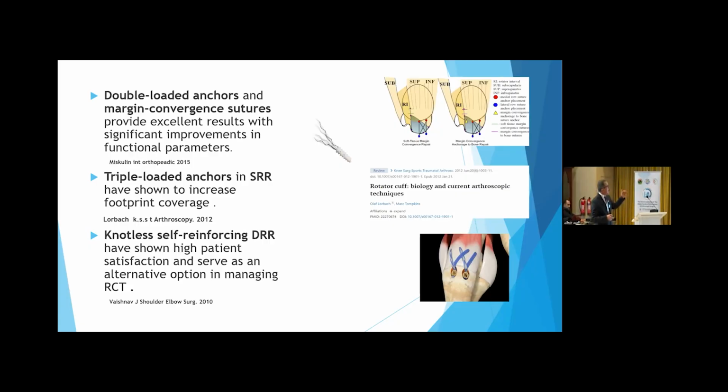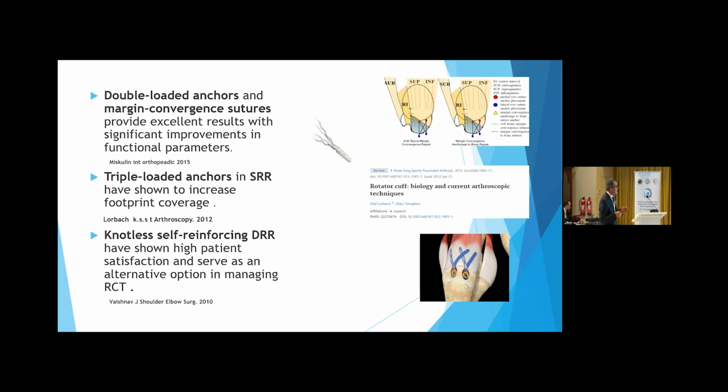Double loaded anchors with convergent suture margin provide excellent results with significant improvement in functional parameters. Using a treble loaded anchor in the single row increases the footprint coverage, which is very important when you treat the rotator cuff problem. Knotless self-reinforcing double row and double row repair have shown higher patient satisfaction and serve as alternative options for managing the rotator cuff problem.